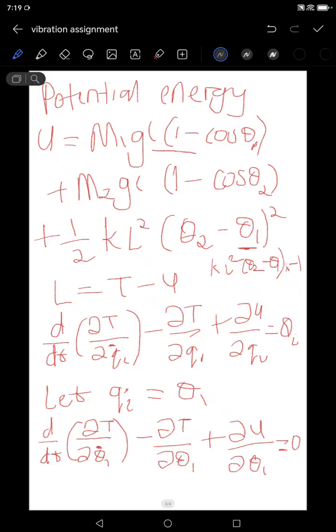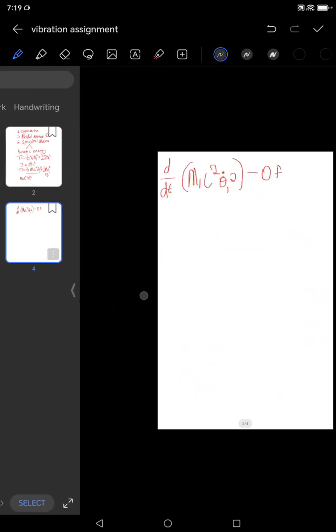So on our potential energy, on the partial derivative of U with respect to theta 1, we're going to have m1 gl sine of theta. And then the derivative of the stiffness is going to be kl squared into theta 2 minus theta 1 multiplied by negative 1, because we're derivating with respect to negative theta 1. Okay, so now let's continue here.